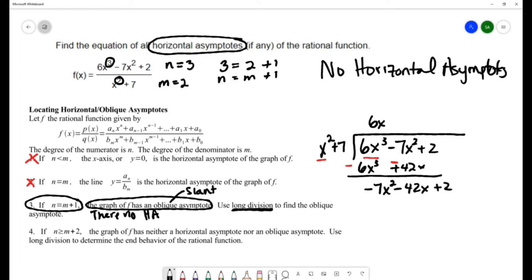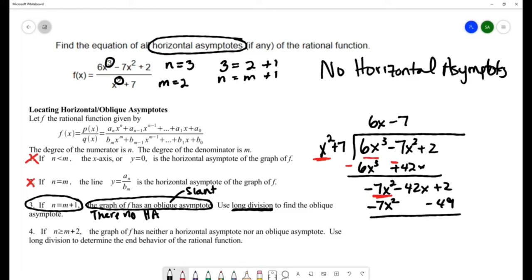And then we repeat that process over again. I'm going to try to match this x squared with negative 7x squared with multiplication, so I'm going to do a minus 7. Minus 7 times x squared is minus 7x squared. Minus 7 times plus 7 is minus 49.